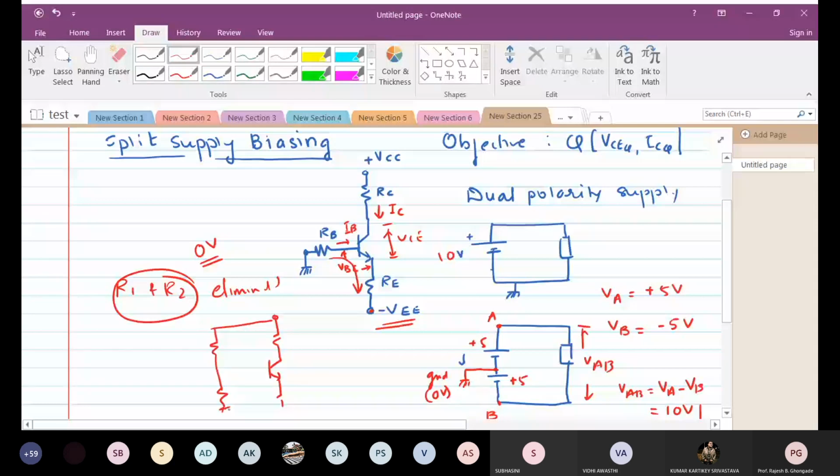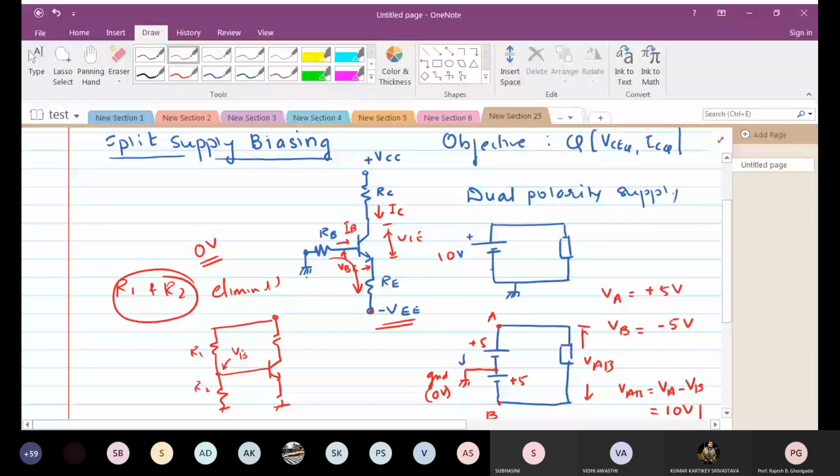Remember that? R1 and R2 were providing this VB so that I can bias the transistor somewhere in the center of the load line. But since I am having this arrangement, there is no need of VB. VB can itself be ground. So what I have done is I have eliminated two resistors.